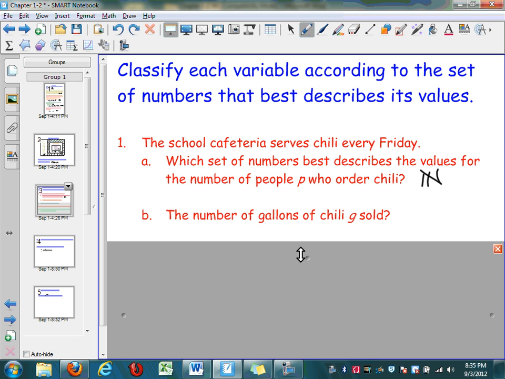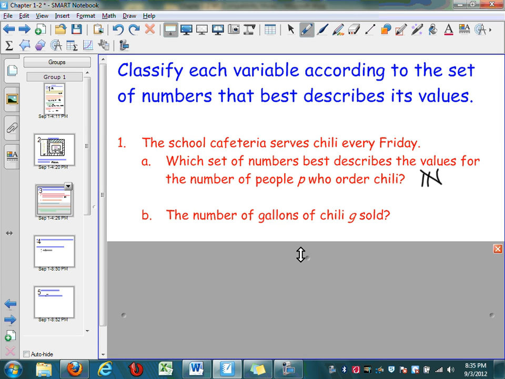How about the number of gallons of chili G sold? Well, G represents gallons. So let's think about whenever you go to the store and you are buying gallons. How do they come? Can you buy half a gallon? Can you buy a whole gallon? Can you buy 5 gallons?